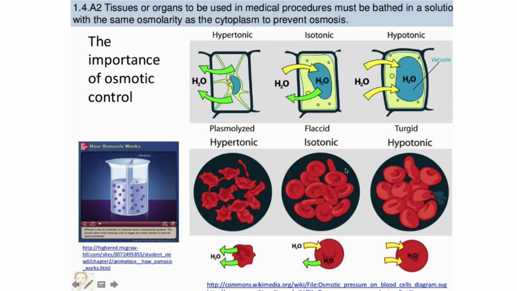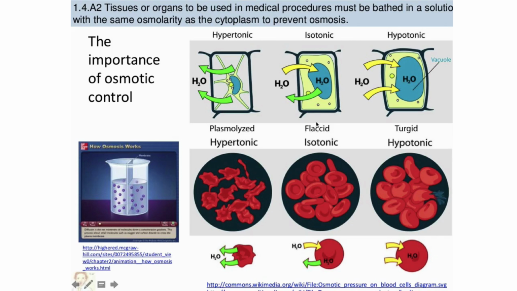So remember guys, tissues and organs can also be affected by these isotonic, hypotonic and hypertonic solutions. In plant and animal cells it's very different. If the cells shrink, when water is going out to the higher concentration, the plant is going to be flaccid.